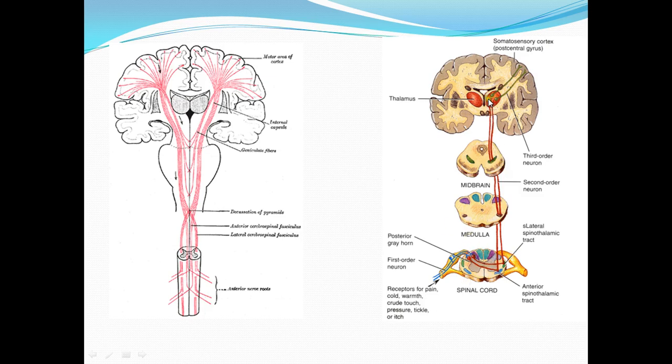And the station is in the thalamus, and from the thalamus another nerve starts. So ascending tracts which go towards the brain for sensation have three components. First nerve is from the tissue toward the spinal cord, from the spinal cord toward the thalamus, and from the thalamus to the cortex. While descending tracts are two, from the cortex to the spinal cord, and from the spinal cord to the tissues.